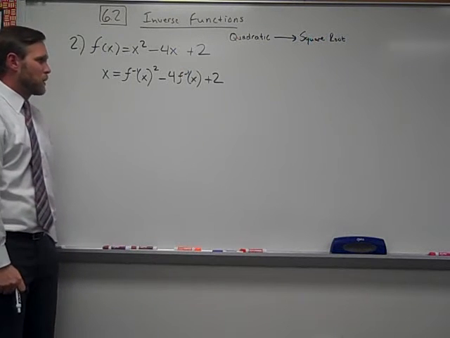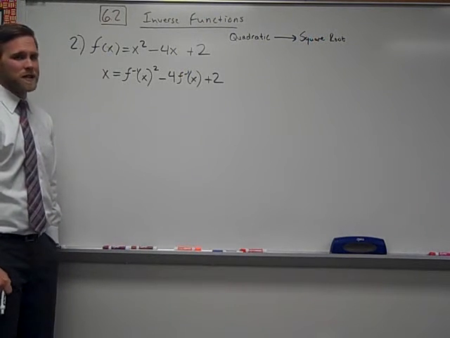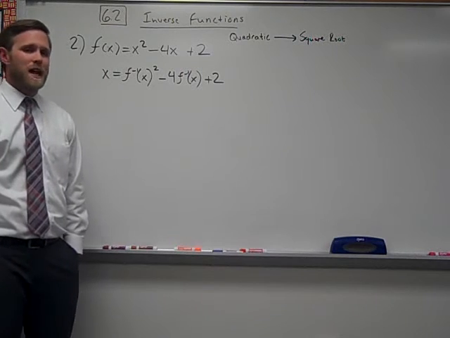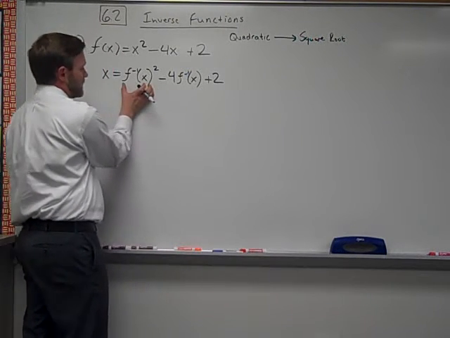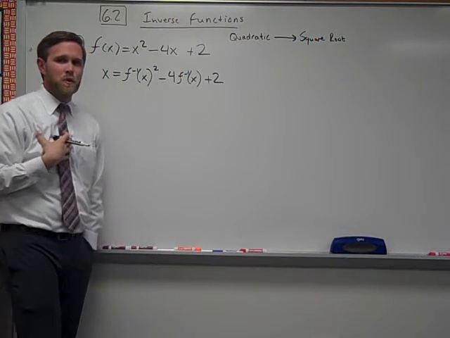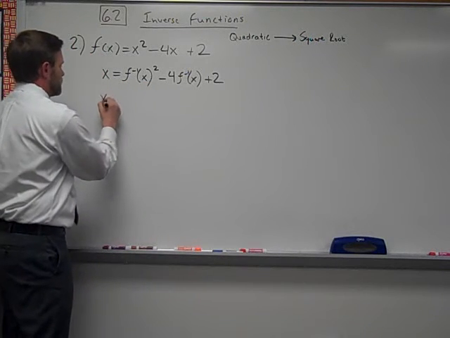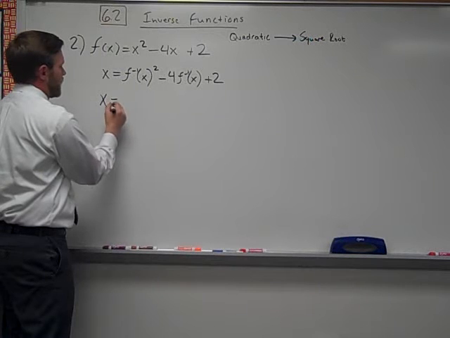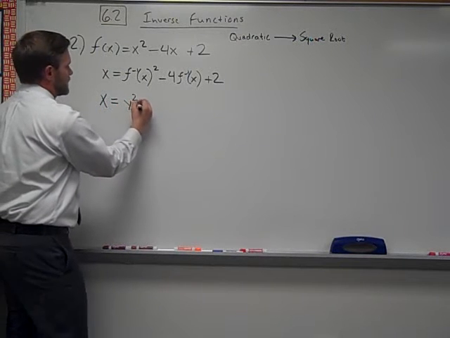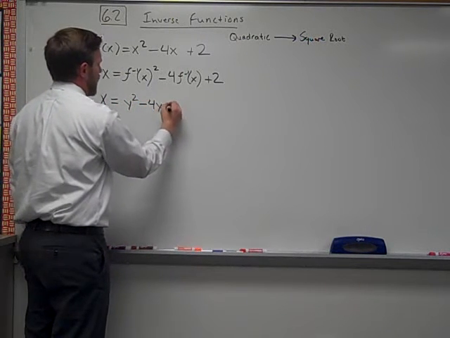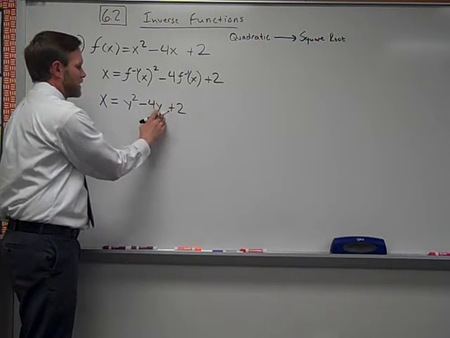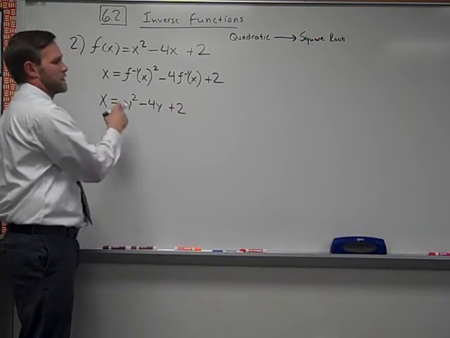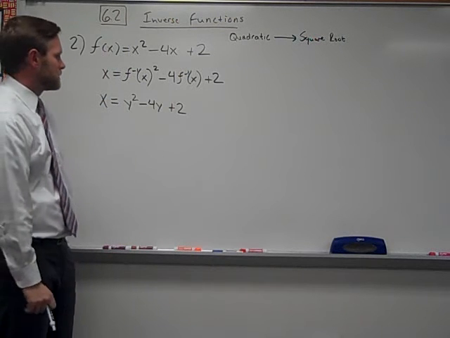I think this particular problem would be a lot easier if instead of function notation, we used xy notation. So I'm going to go ahead and rewrite this. Instead of using the inverse of f of x, I'm just going to use y. So here we go: x equals y squared minus 4y plus 2. It's going to be a lot easier on us if we make that change, and then we can go back to function notation at the very end.